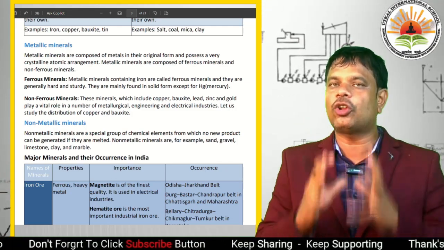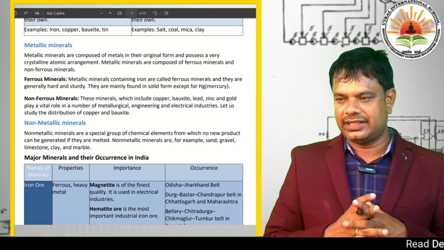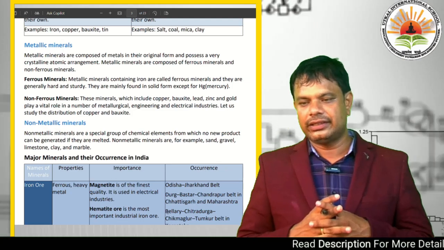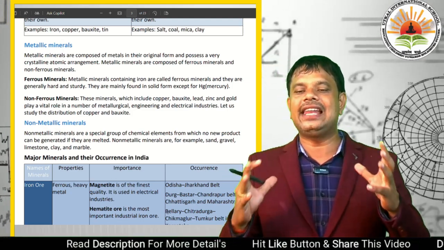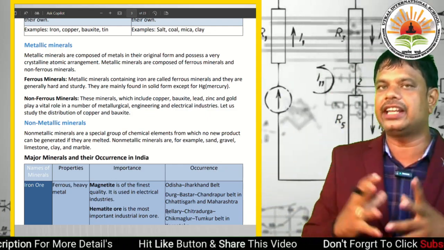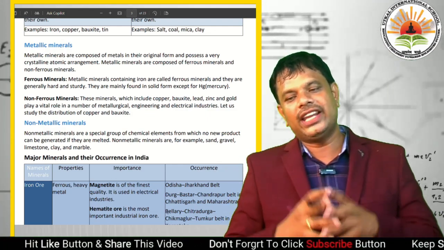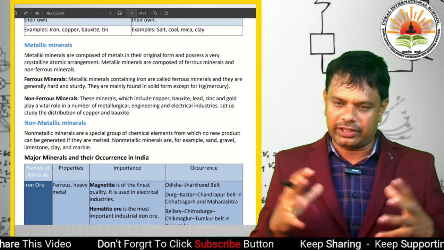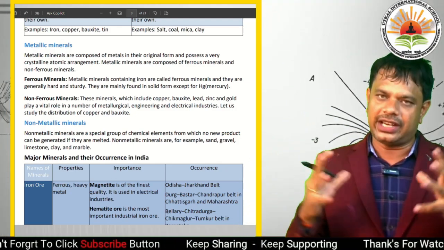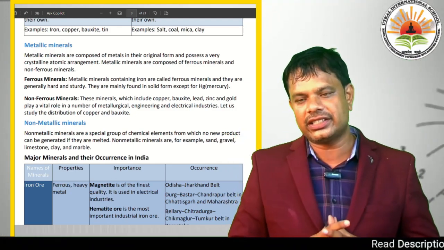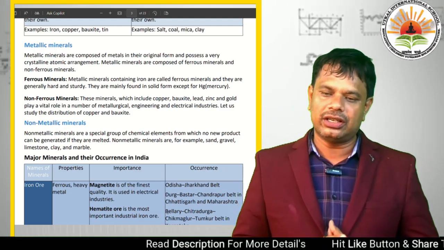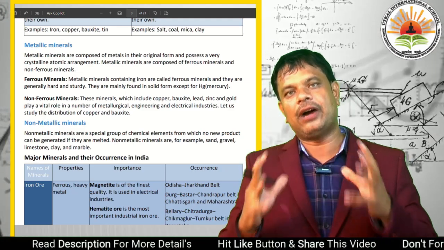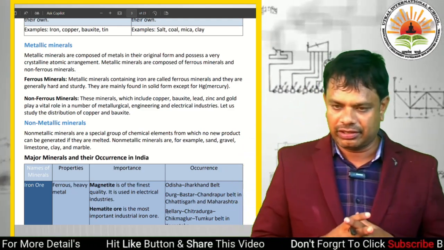So dear students, we discussed metallic minerals. They are of two types. One is ferrous minerals where iron is the main content, and non-ferrous minerals where iron is not the main content. And ferrous minerals are found in hard condition, non-ferrous minerals are found in soft condition.